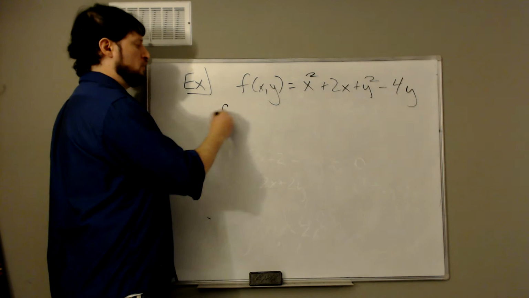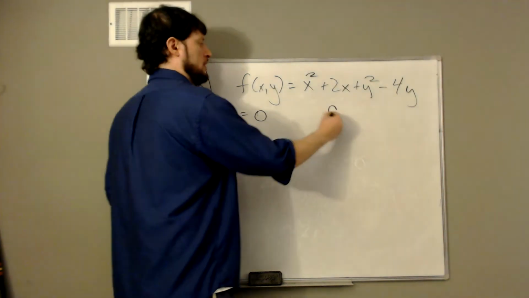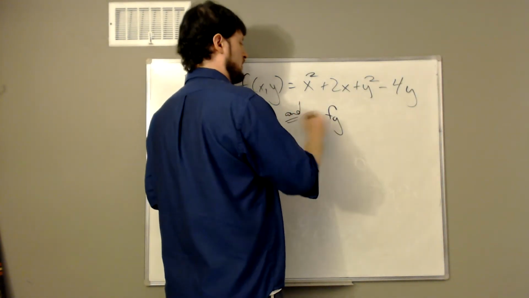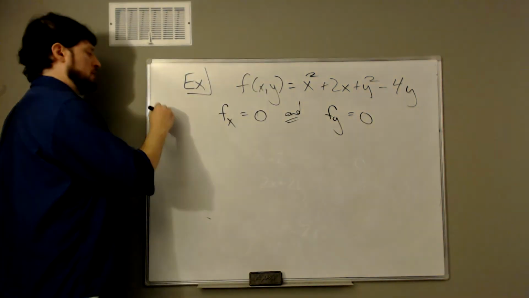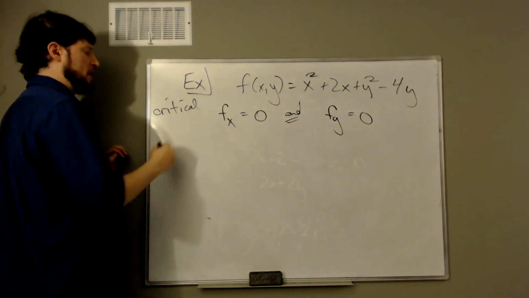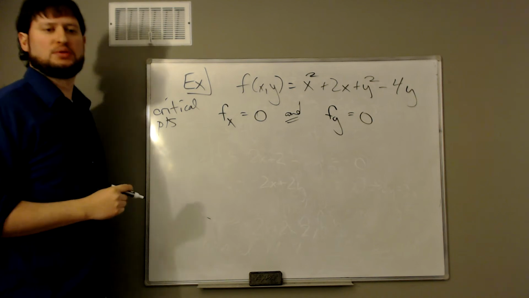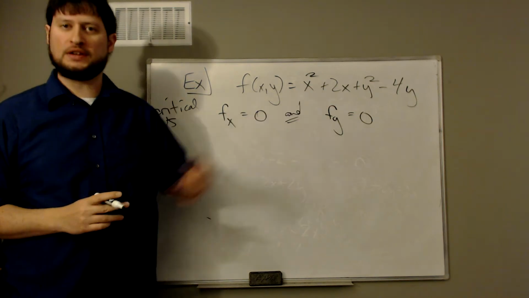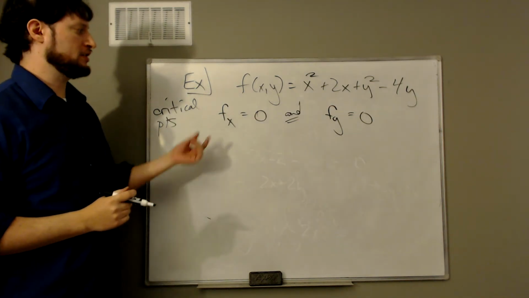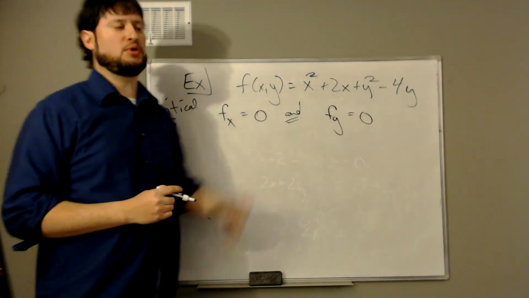So what I'm looking for is points where f sub x is 0 and f sub y is 0. We're going to call these things the same as in Calc 1: critical points, points where the derivative is 0. In this case, the gradient vector, that is, both partial derivatives.